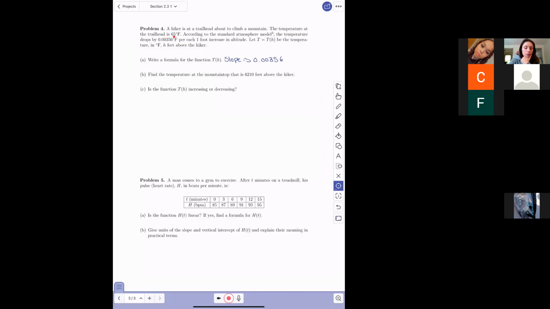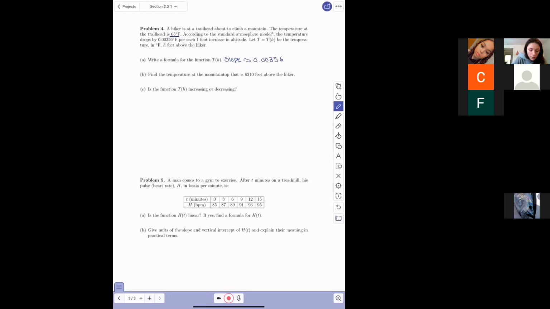Since we're measuring H feet above the hiker, and the trailhead is at the start of the hike, where the hiker initially is, the H is 0, so we have our vertical intercept.